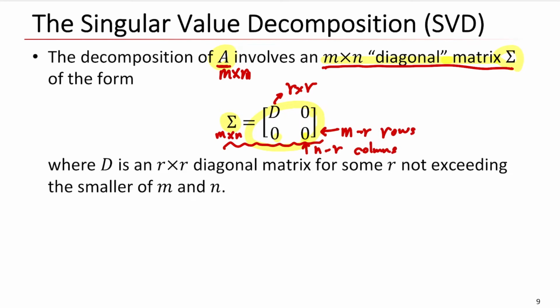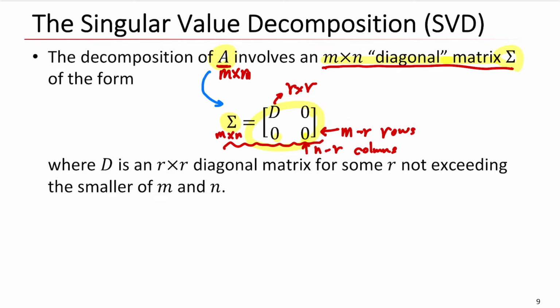Similar to matrix diagonalization, we transform this matrix A to this sigma matrix by using some matrices defined as U and V, which we'll discuss later in this chapter.